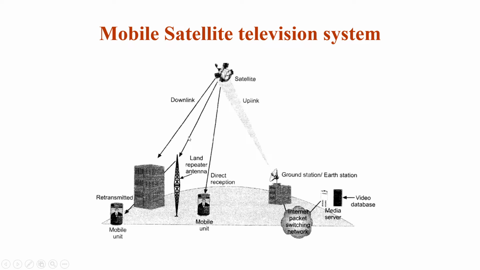Or you give it to the land repeater antenna, and then direct reception. So there are three options: either earth station processing and retransmission, or you give it to the land repeater antenna, or it goes to the earth station, is processed and retransmitted again. So this is the mobile satellite television system.